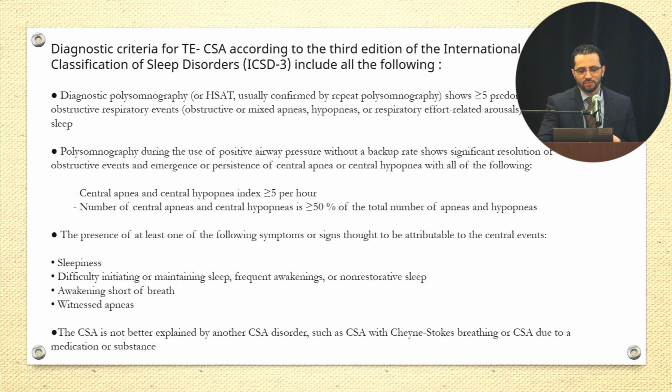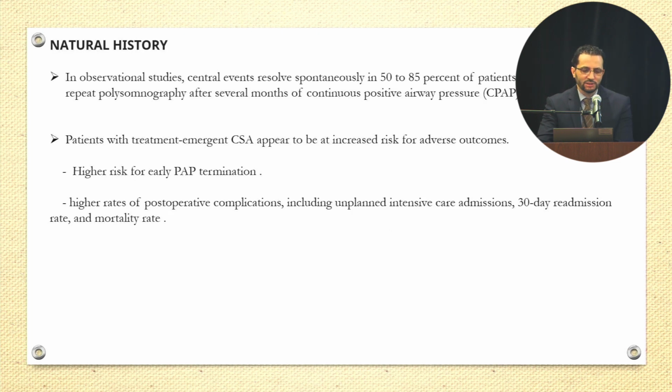The patient has to be symptomatic, with either sleepiness, difficulty initiating or maintaining sleep, waking up with shortness of breath, or witnessed apneas. And of course, this is not explained by another disorder like central sleep apnea with Cheyne-Stokes breathing.